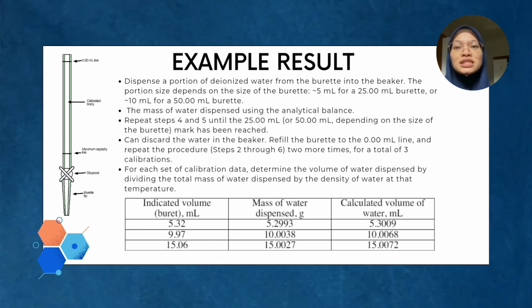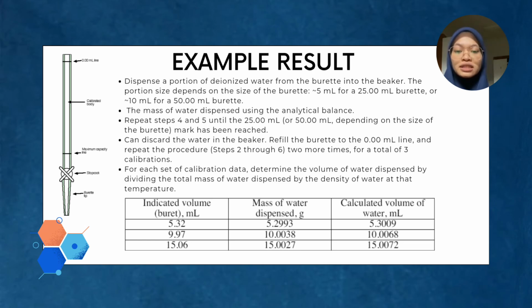The portion size depends on the size of the burette: 5 ml for a 25 ml burette or 10 ml for a 50 ml burette. And you need to determine the mass of water dispensed using the analytical balance.